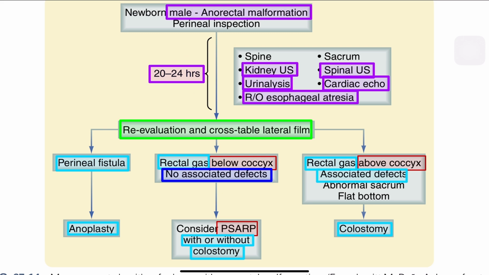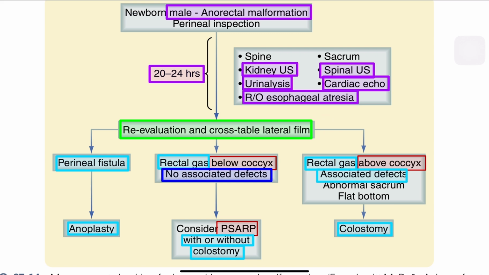You have to examine the sacrum, then do urine analysis, then cardiac echo, and you have to rule out esophageal atresia. It means you have to look for VACTERL anomaly. Then re-evaluate with a cross table lateral film. This they ask. We don't take the upside down view. We take a cross table lateral film.